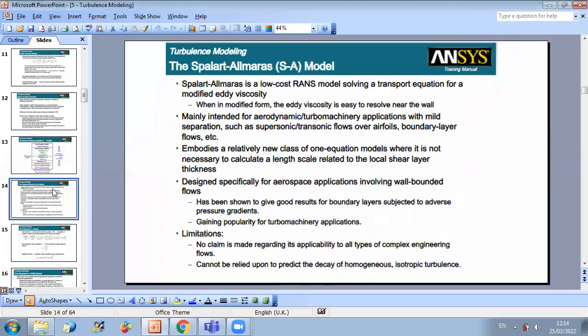As we discussed before, the first model is the Spalart-Allmaras model. As we said, it consists of introducing a transport equation for the eddy viscosity, so it is a category of eddy viscosity models.